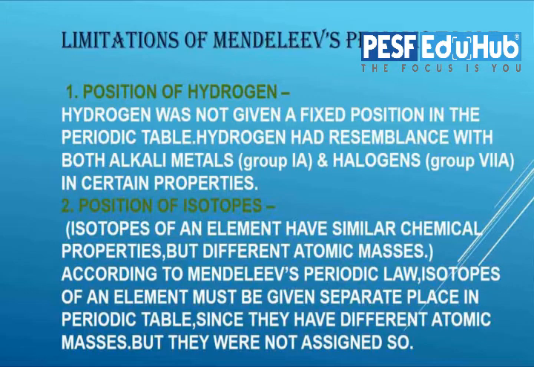So according to Mendeleev's periodic law, isotopes of an element must be given separate places in the periodic table since they have different atomic masses, but they were not assigned so.